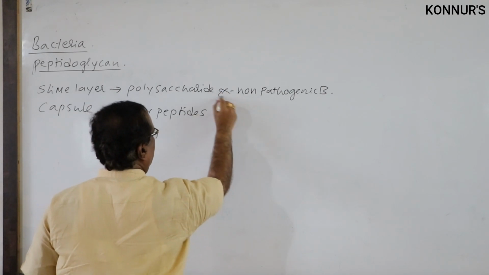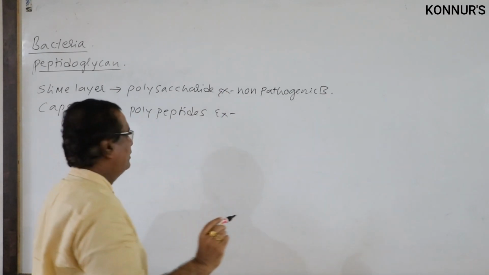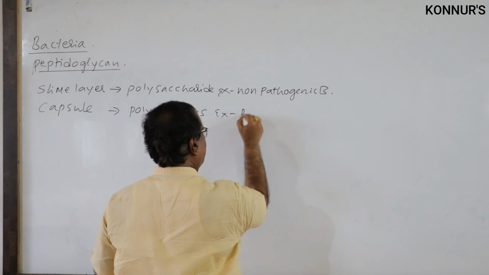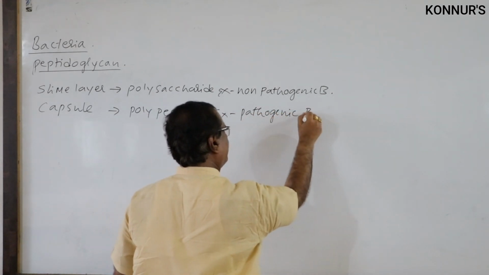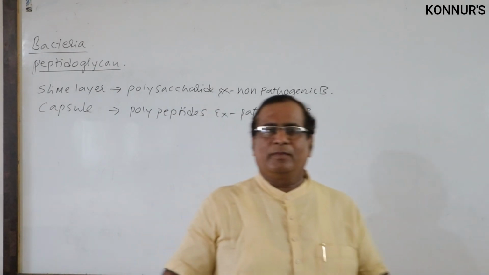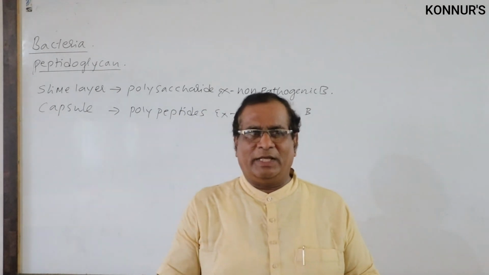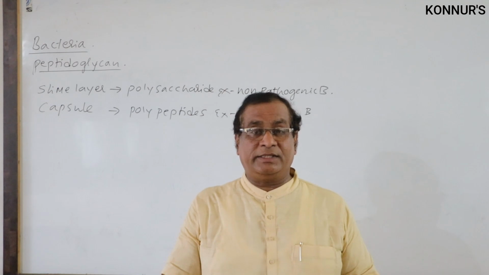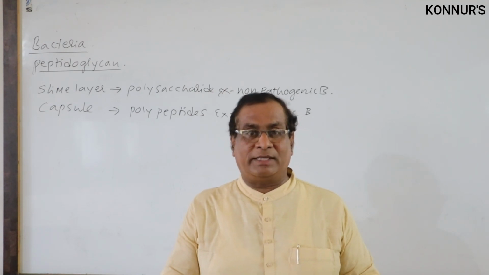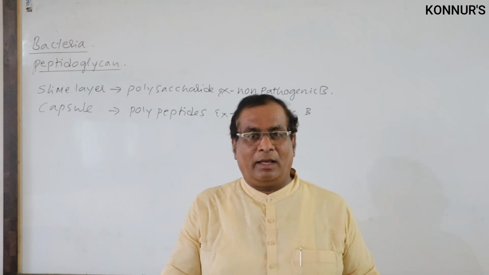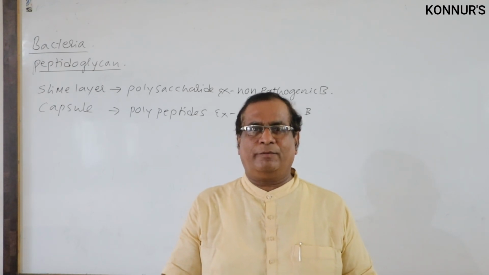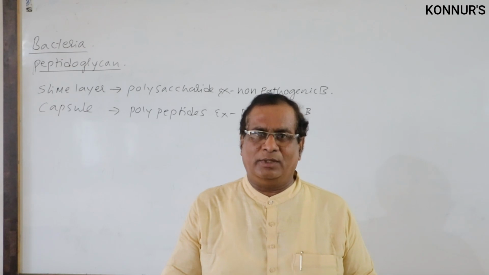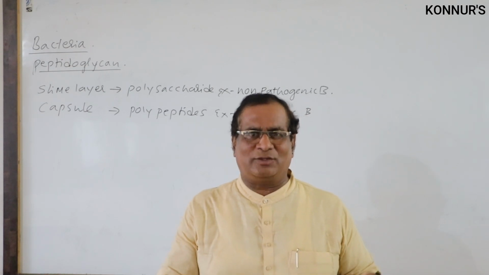For example, all pathogenic bacteria have a capsule. That's why they are resistant to chemicals, temperature and other external factors, because of the presence of the capsule in pathogenic bacteria, a disease causing bacteria.